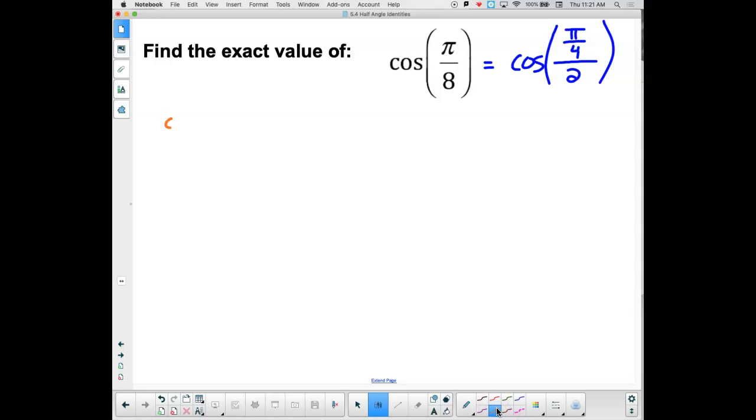Cosine formula in the half angle formula was plus or minus square root of 1 plus cosine of u divided by 2. Pi over 8, which quadrant? Quadrant number 1. Cosine positive or negative in quadrant number 1? Positive. So this is also going to be positive.